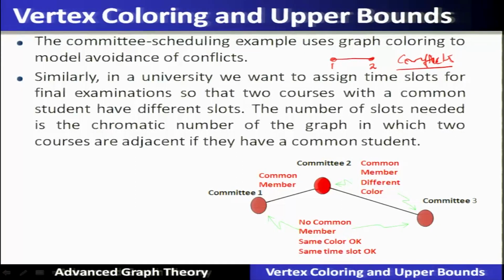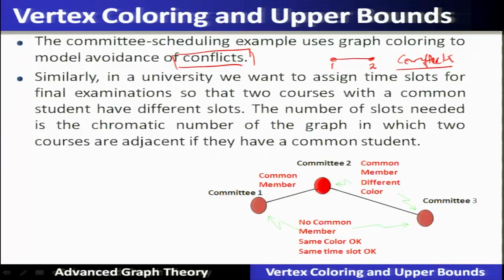So, if this model is modeled in the form of a graph and the graph coloring problem is applied, then it is nothing but modeling and solving the problem of conflicts.